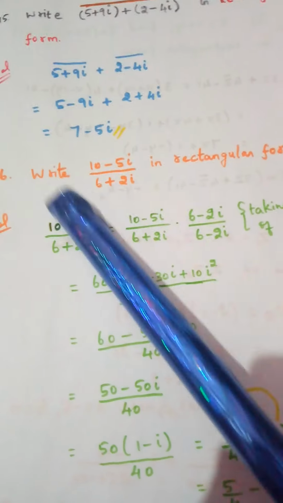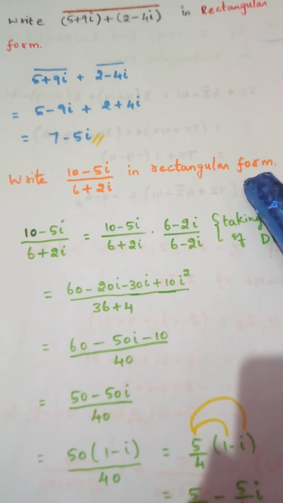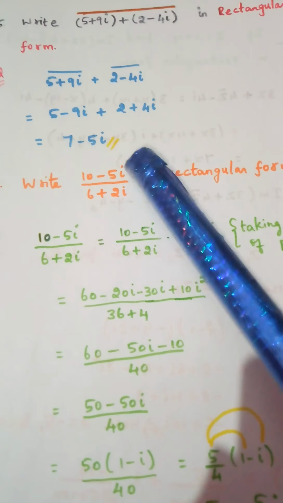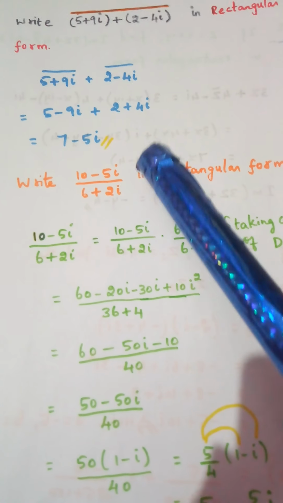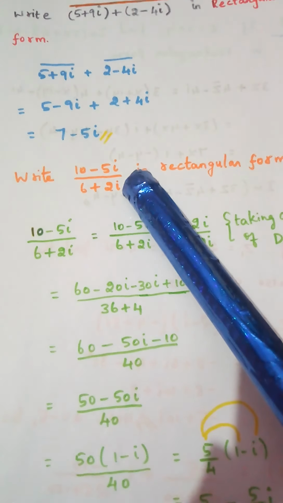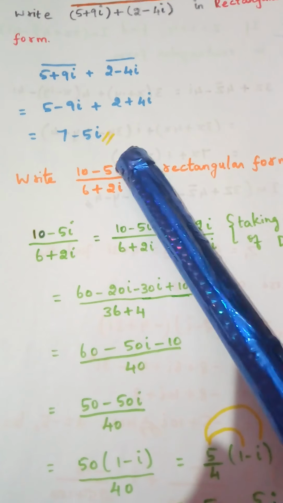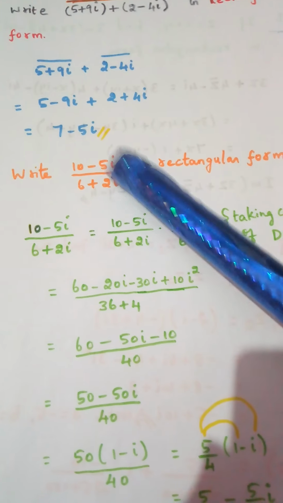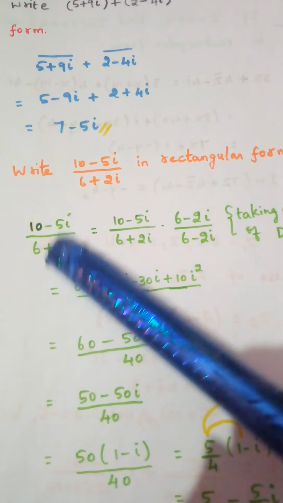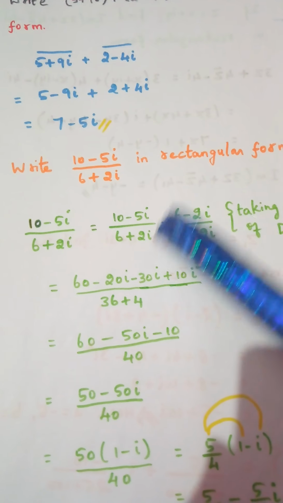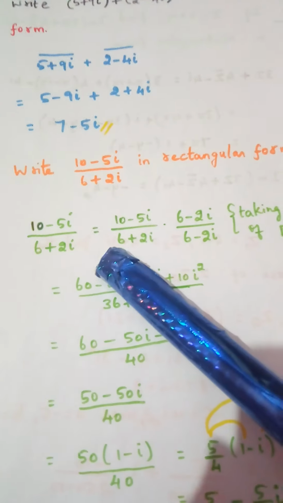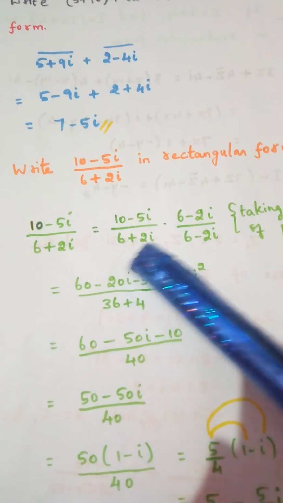Write this in rectangular form. This is not in rectangular form because one complex number is present in the numerator as well as another complex number in the denominator. So we have to write this in rectangular form. For this kind of sum, we take the question, which I have written once again here, and look at the denominator 6 plus 2i.